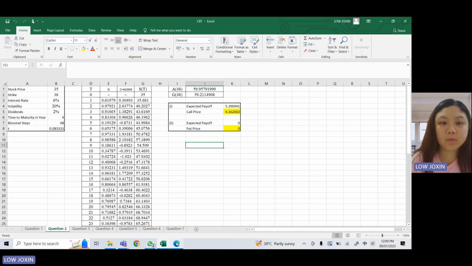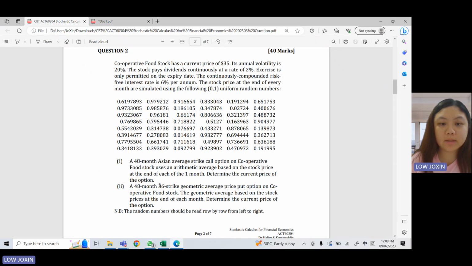And for the next part, we are asked to find the 36 strike, which means that our K is 36, and then the geometric average price. So our S_T will be the geometric average of all the simulated stock prices.